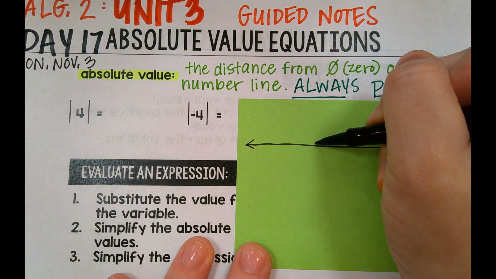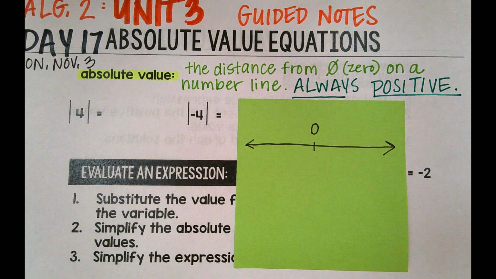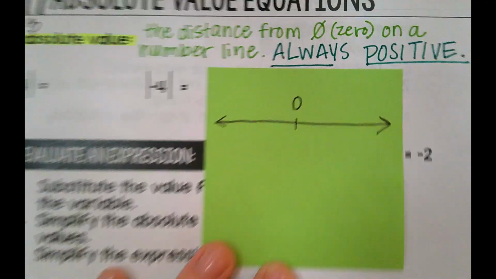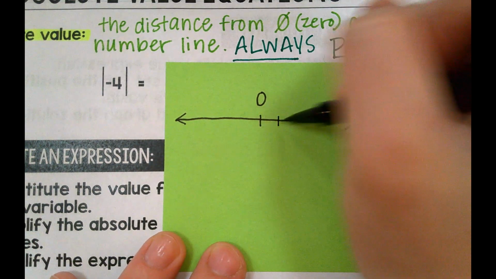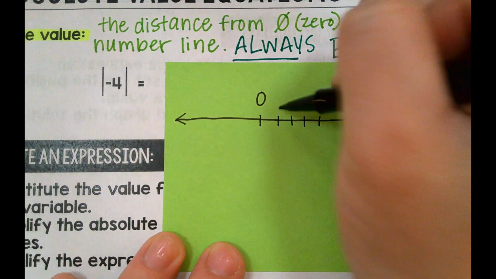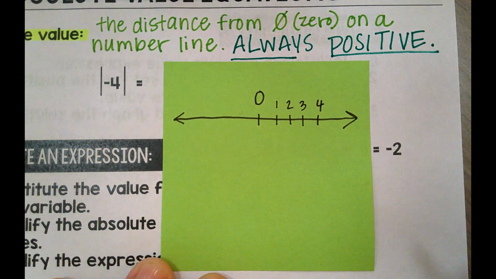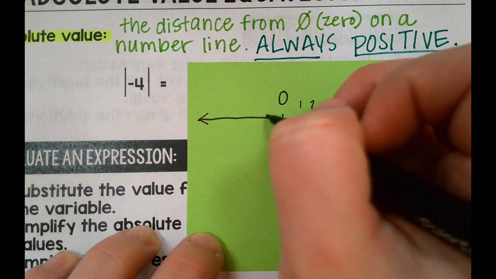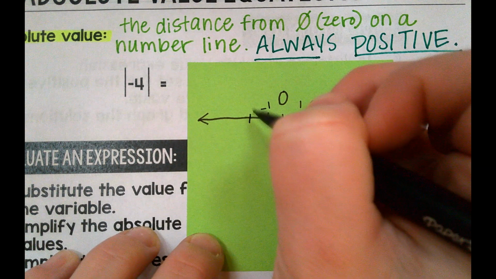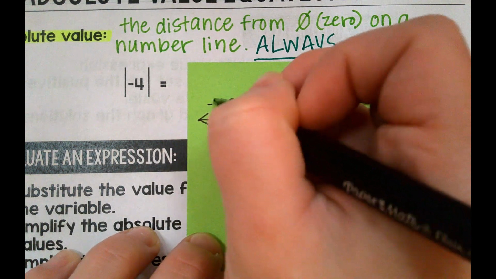Right in the middle of the line, we put a tick mark and put 0. To the right of 0, I'm going to put 1, 2, 3, 4. To the left of 0, we'll go the opposite way with -1, -2, -3, -4.